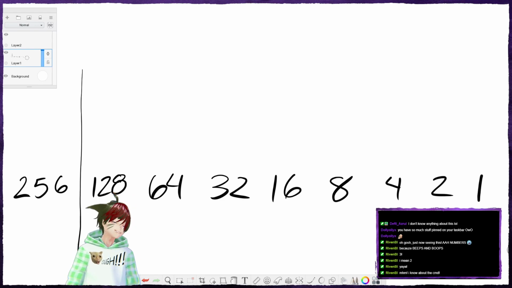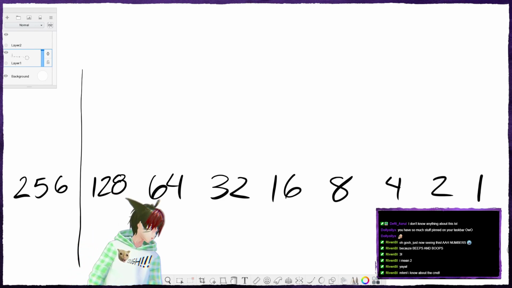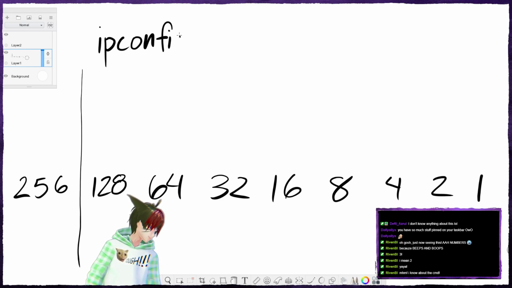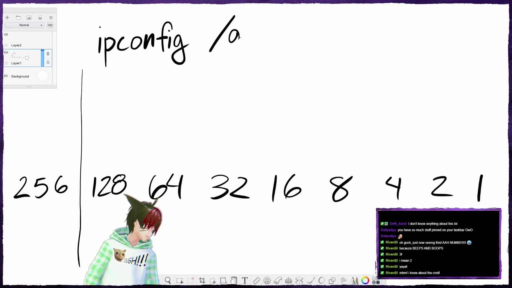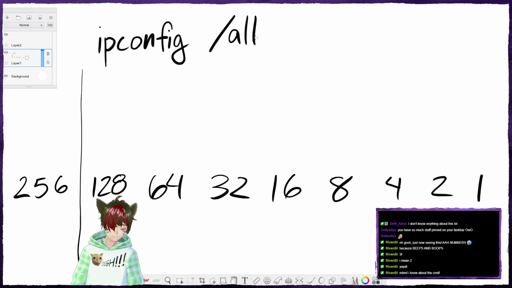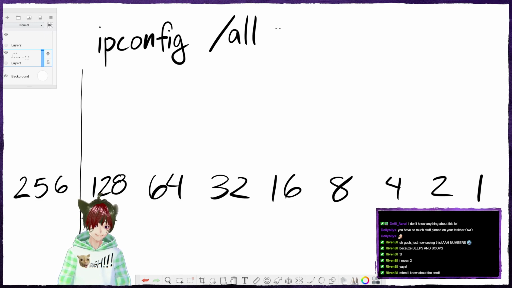Alright. So, I'm gonna want you to type this in. And then there's a space right here, so... Slash... Let me know when you type that in, and a bunch of stuff just gets thrown at you in command prompt.